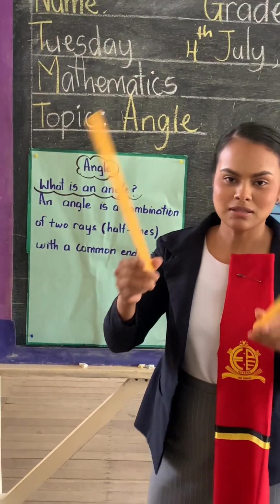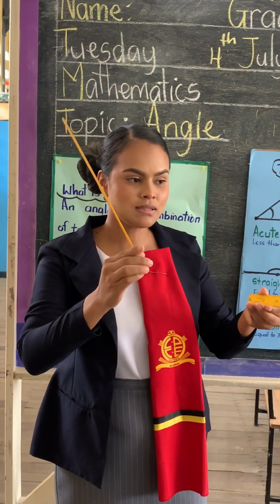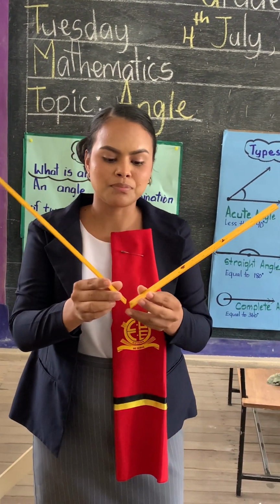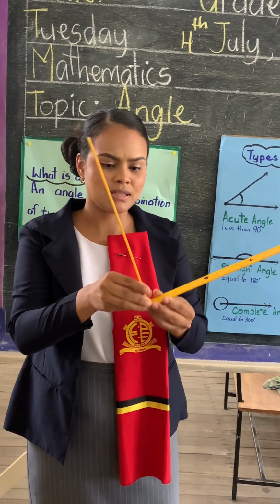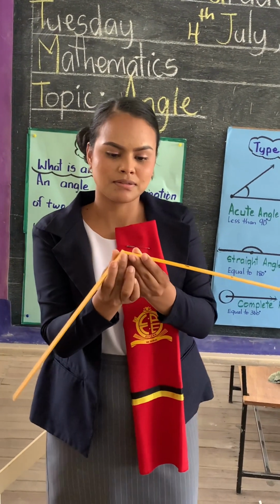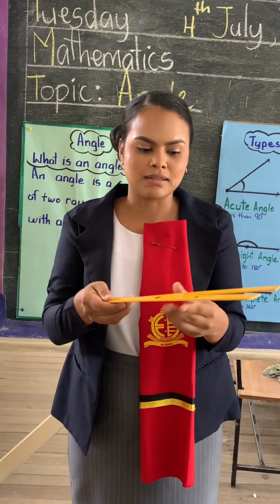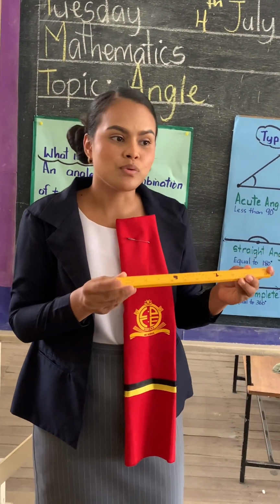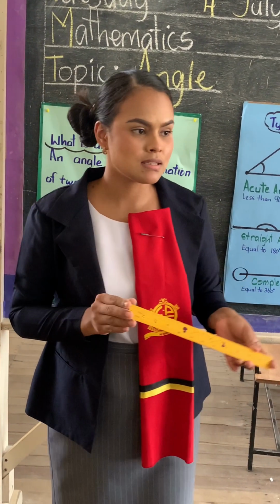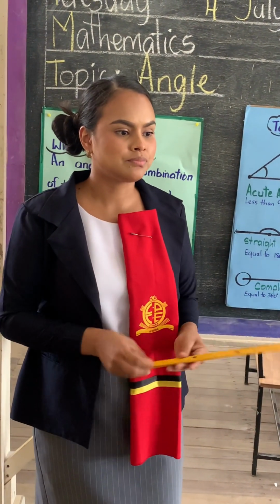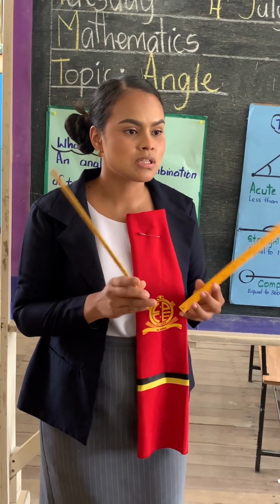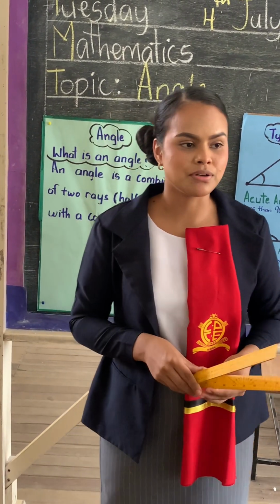So two rays or two lines with a common end point. So the end point is going to be here. So there are different angles. You have like this, this, and like this. However, we will look at that in the next part. So you sit back and just pay attention to this part here.